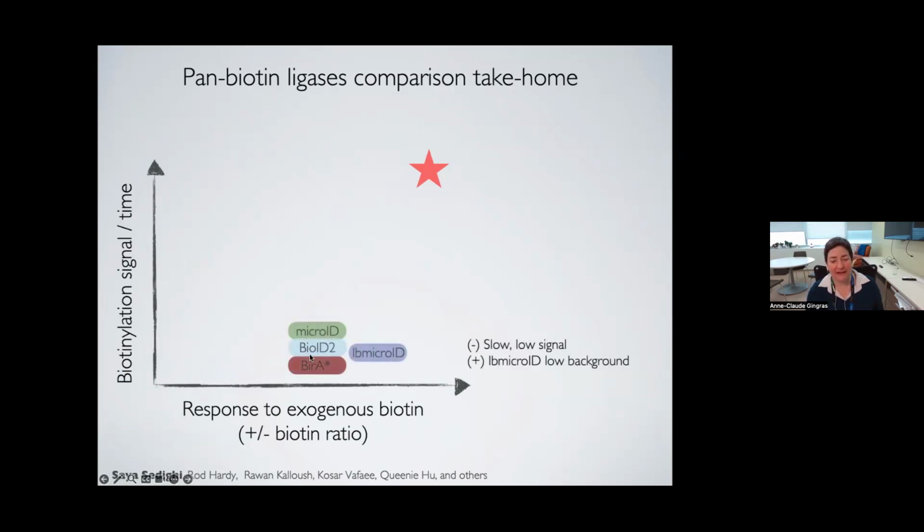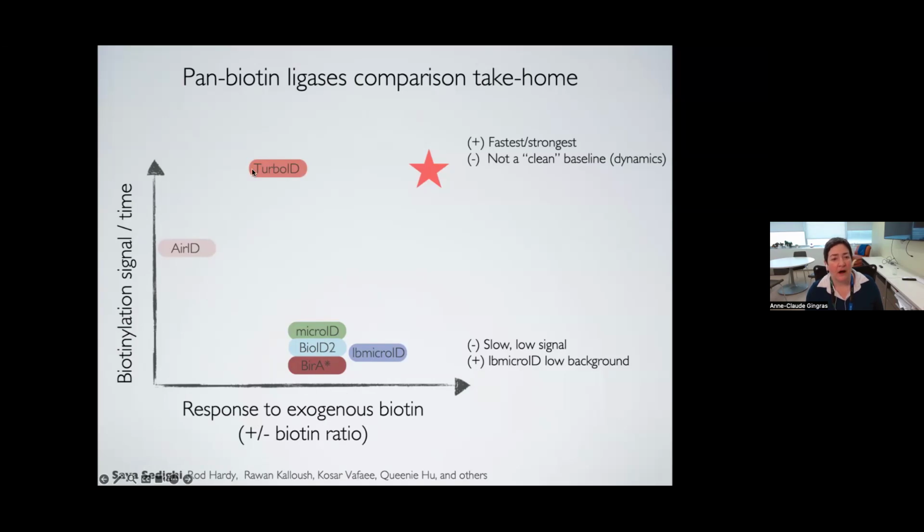And so I can already tell you that some of the enzymes that Saya, Kozar, Rod, Rawan tested were really not sensitive enough. This includes the first generation enzymes as well as some of the second generation, but not optimized. We had at least one enzyme that we couldn't find any significant response to exogenous biotin, so we deleted it as well.